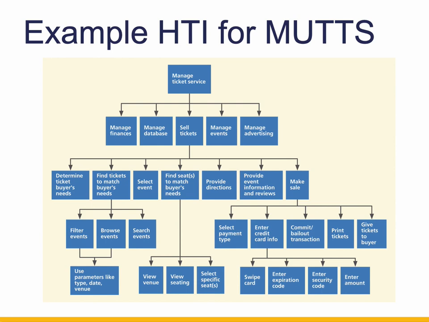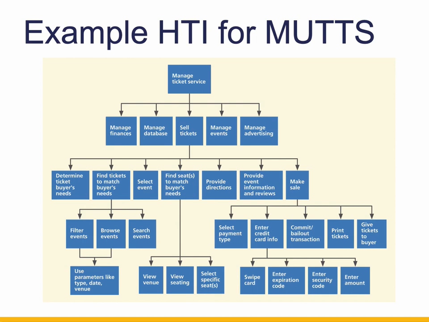If we look at the temporal part of this, find seats to match buyers' needs, then we can go down another level: view the venue, view the seating, and select specific details, all related to the same thing, getting the person the seat they want. So each row here is related to the same task, even if there is an order or temporal time of that section. You go down to find tickets to match buyers' needs on the left. Filter events, browse events, search events.